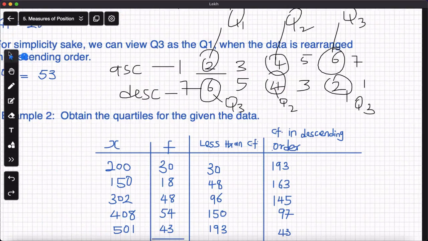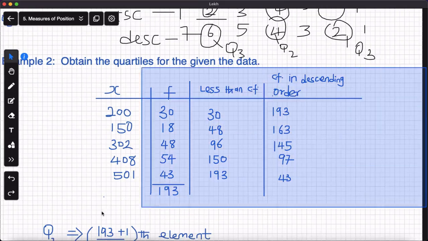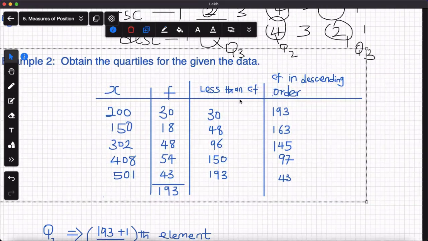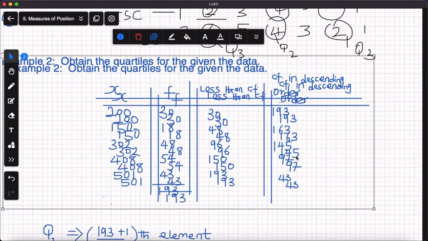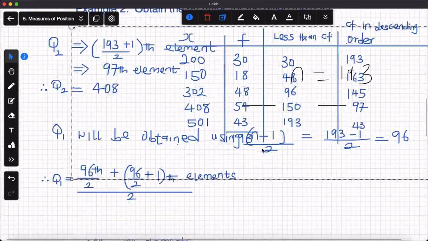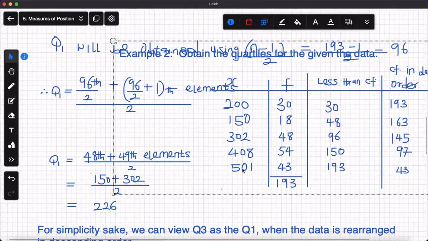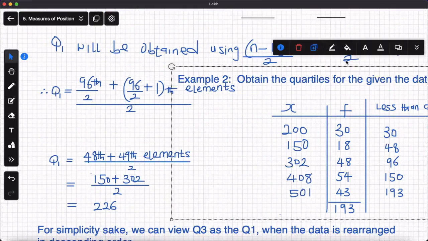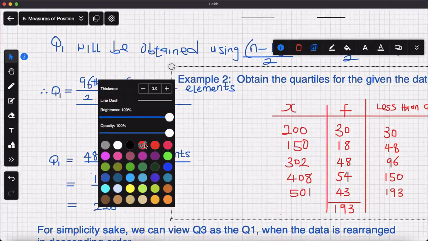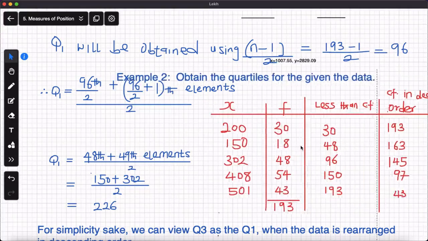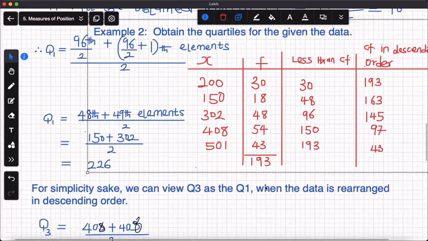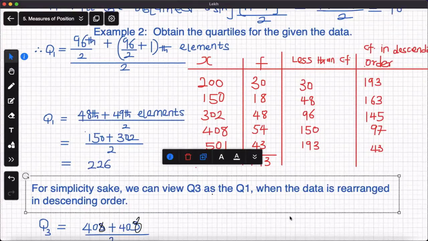That's not so difficult. Let's see how we can do that. Actually, we can obtain that. Let me change the color of this one to make it easier for us to follow. Now we can obtain that by looking at the table.